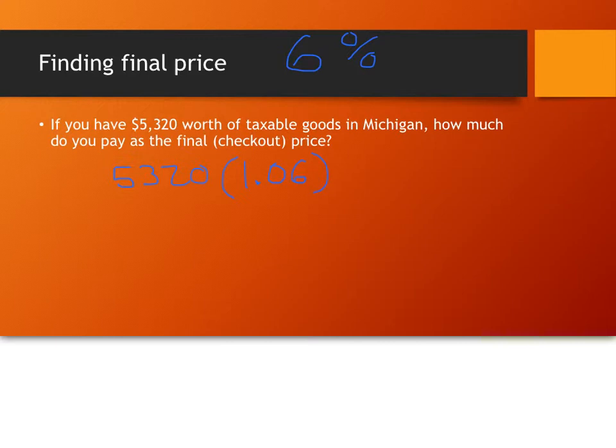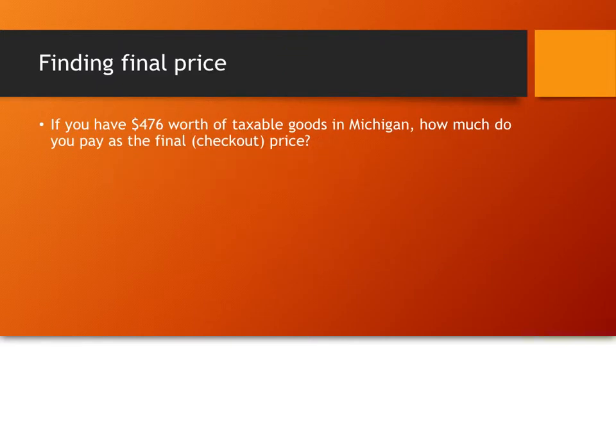So if you multiply this out, you get that your final checkout price is $5,639.20. Again, try this one on your own. This is another example. Push pause and then come back and see if you did it right.